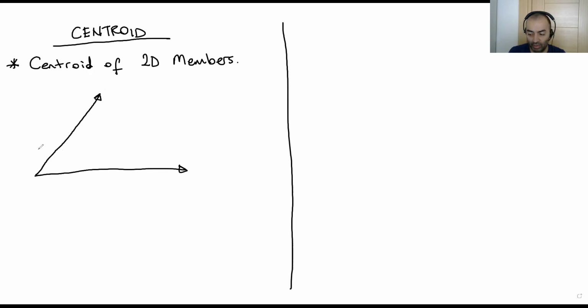Okay, the vertical axis is Z axis. So here, let's say we have an arbitrary shaped member. This is not a rectangle. This is not a square, circle, whatever. This is an arbitrary shape. So we are looking to find the centroid point of this member.